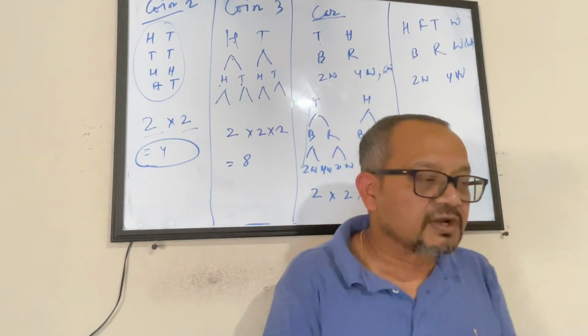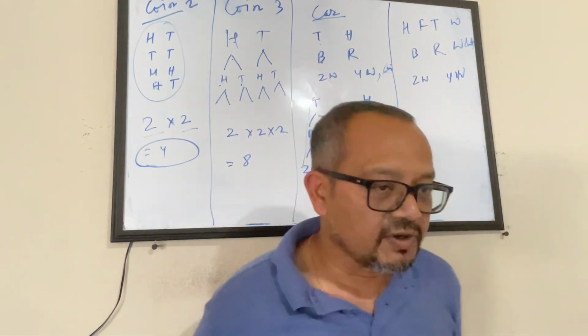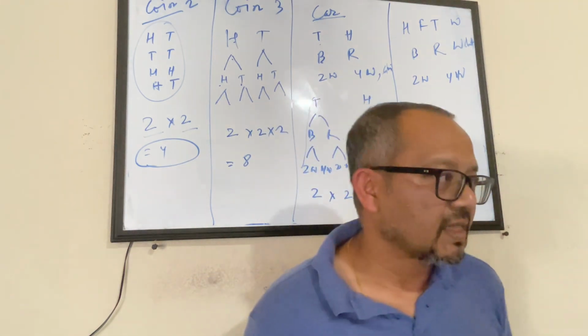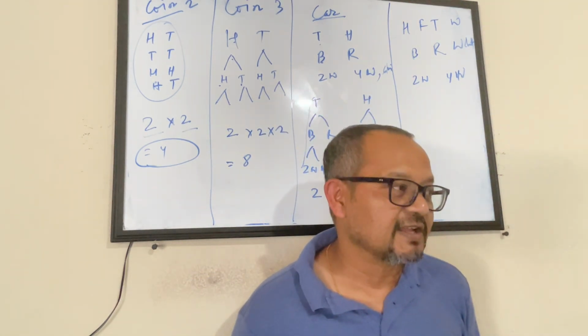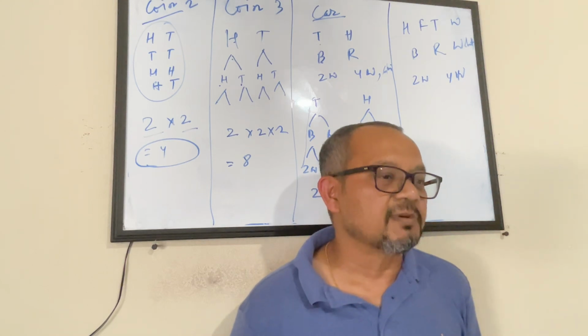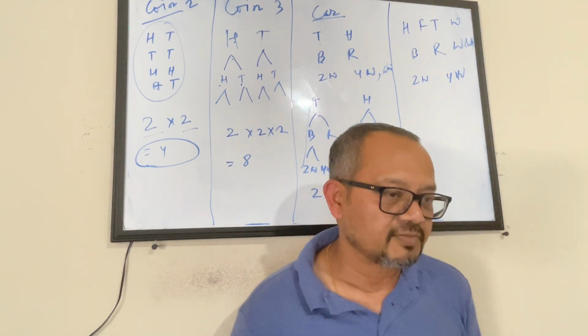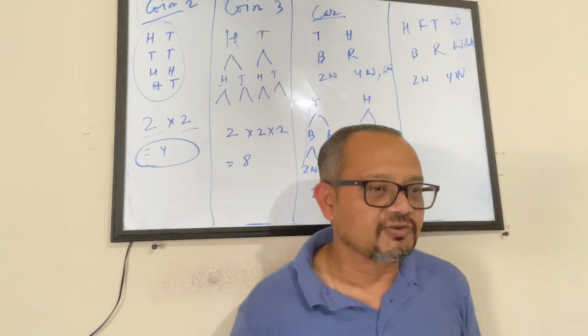And once I decide on the color, I have 2 options with respect to the 2-wheel drive or 4-wheel drive. So now how many options do I have? What are the number of probable options? Let's consider this only as a probability question. How many options do I have that I can choose from? I got one answer in the classroom, but I don't want to tell the answer so that you guys don't get biased.